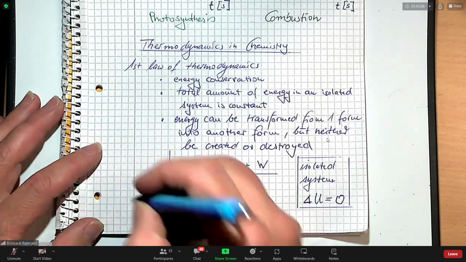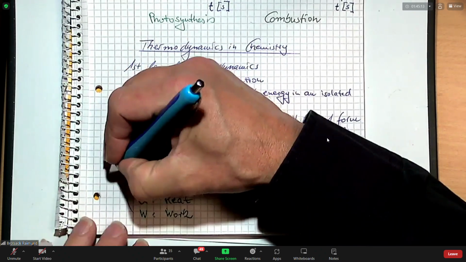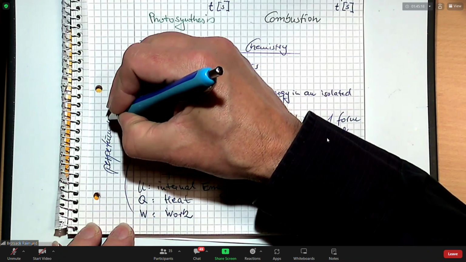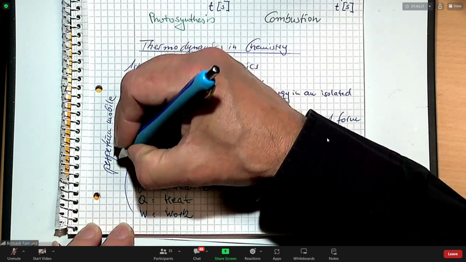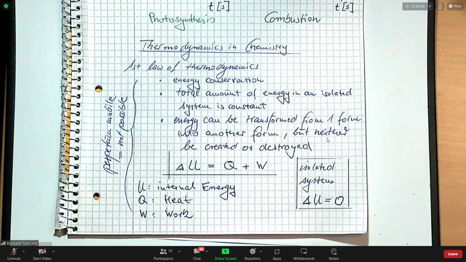That is the reason a perpetuum mobile is not possible, because that would mean we do not have to invest any energy in some isolated system, but it is delivering work. That's not possible without investing new forms of energy.